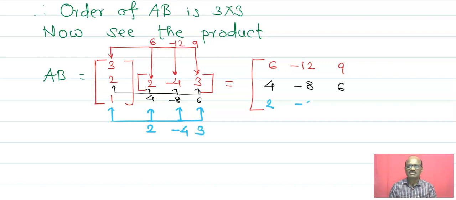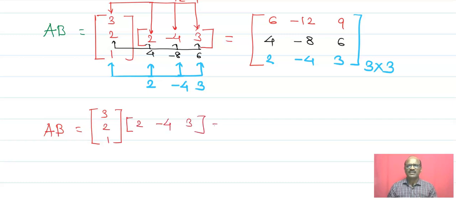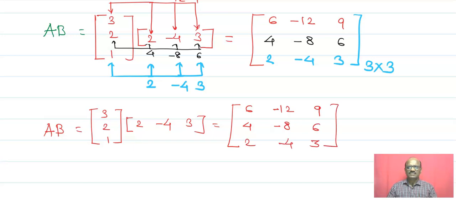Now this is the matrix multiplication. In this way we carry out their multiplication, and the order of the resultant matrix is 3 by 3. That is first row first column, first row second column, first row third column, and in this way we get the total first row.